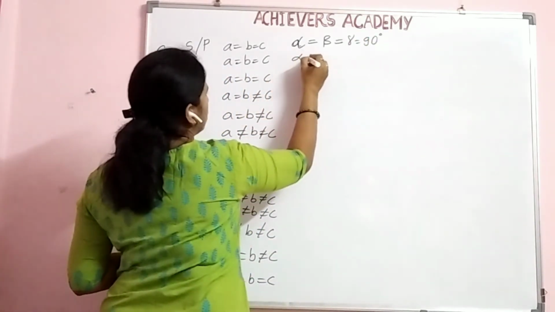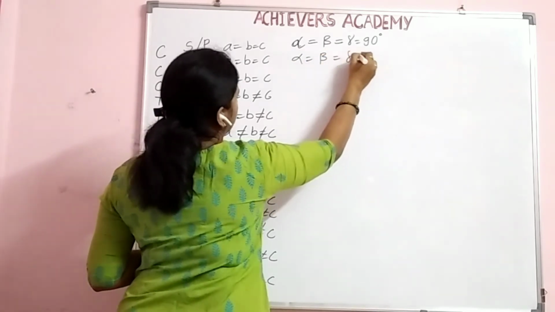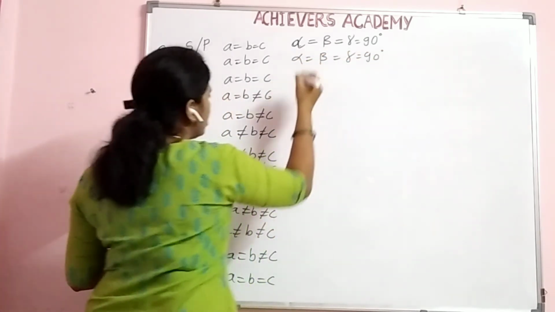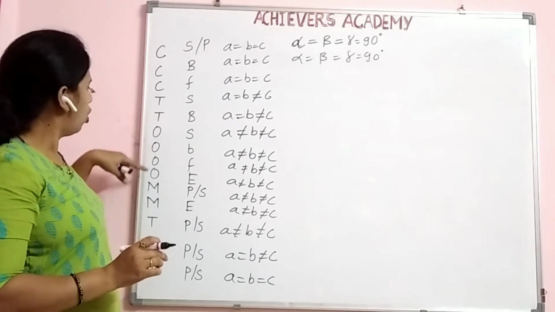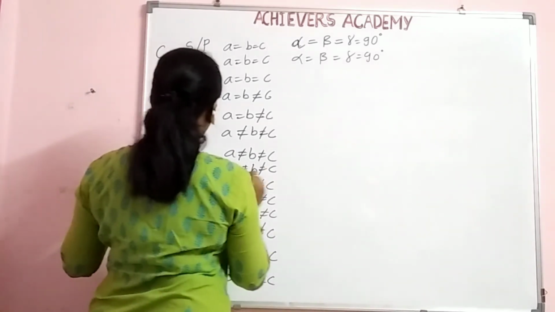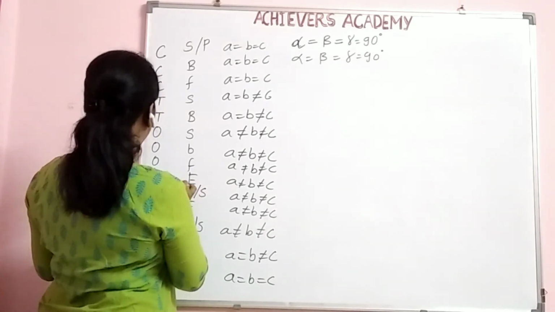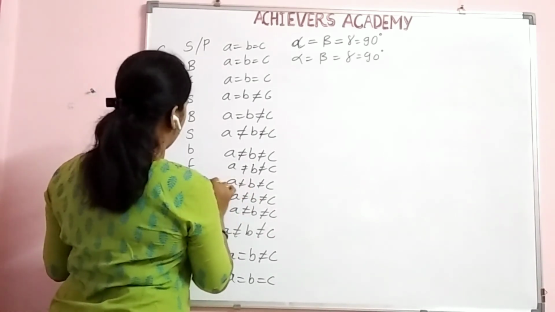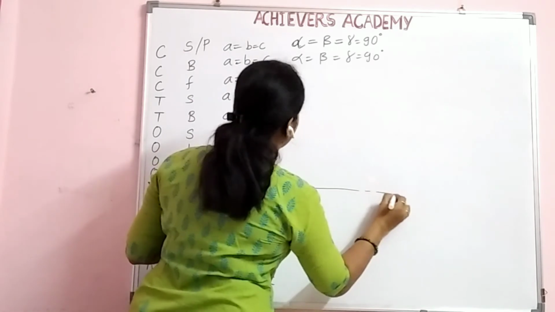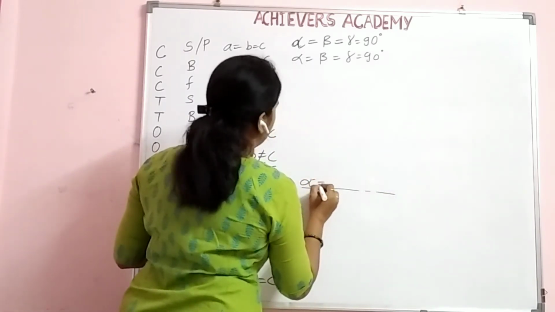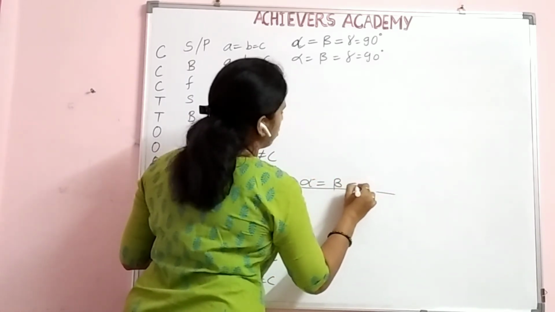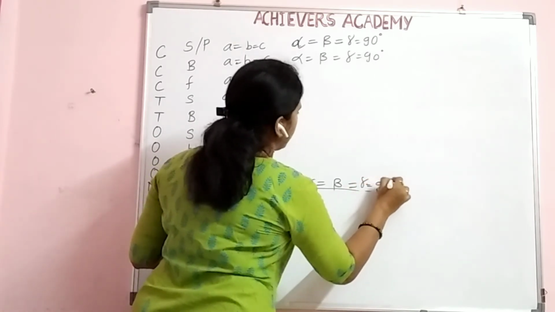So this is same. So this condition is same till the orthorhombic. So till here you have to write the same. So I'll just put a line here, this last, for you to understand. Alpha is equal to beta is equal to gamma is equal to 90.